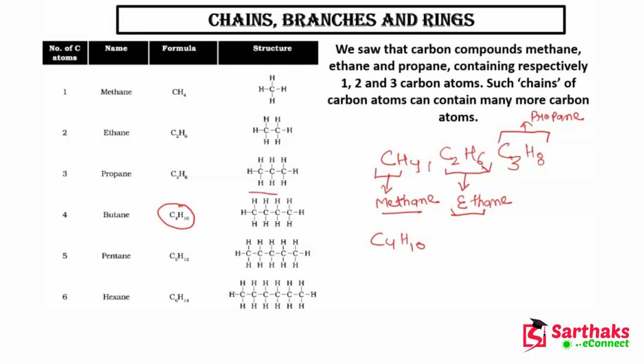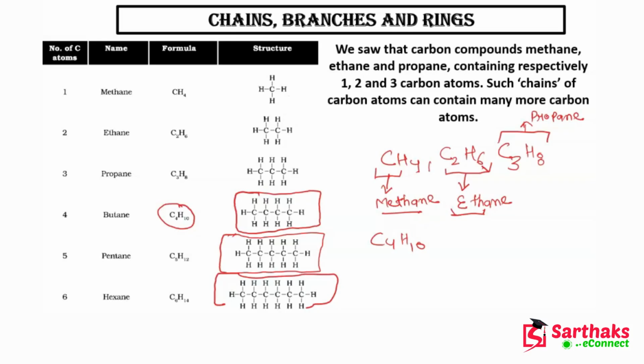Here you can see this is the chain of 4 carbon atoms, and this is pentane, the chain of 5 carbon atoms. In hexane, 6 carbon atoms are present. So we will name these compounds according to the number of carbon atoms.